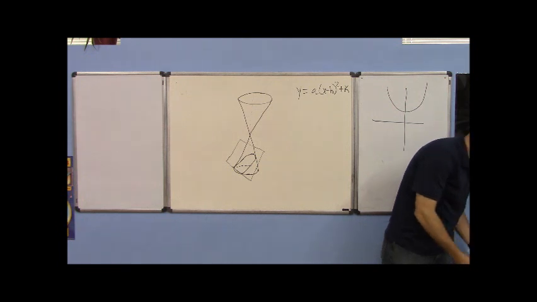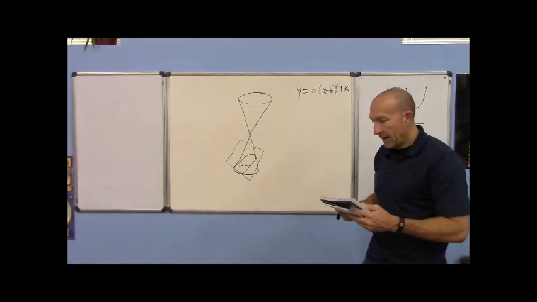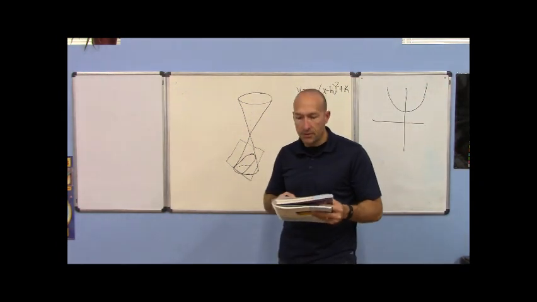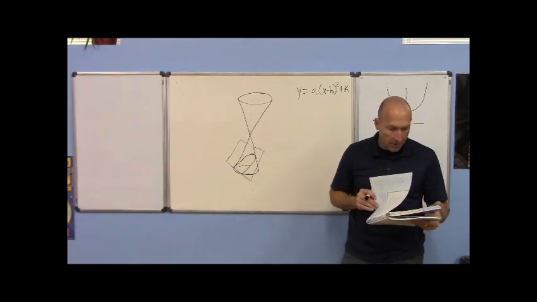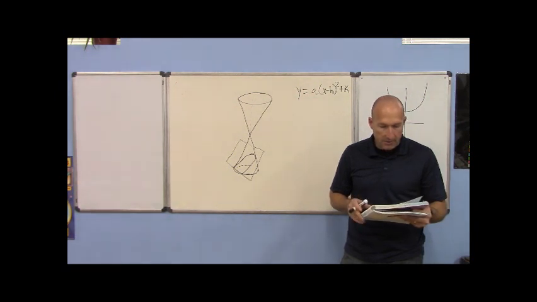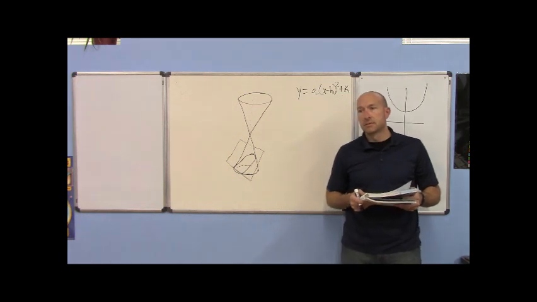So with that in mind, we can take question number 1. And we're going to see that, is it going to open up in the positive or negative direction? Positive. Okay. Now, is it going to be translated up or down or to the right and left?